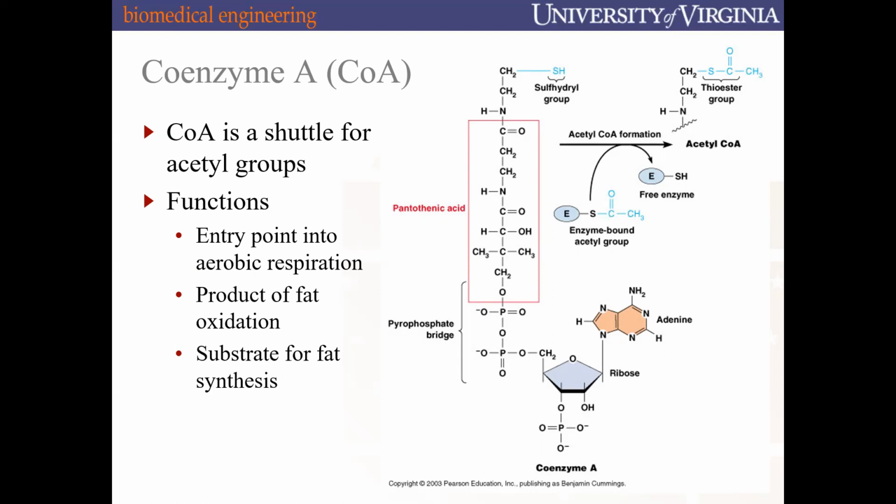But it's also the product of fat oxidation and the substrate for fat synthesis. So it's a precursor in forming a lot of the fats we'll talk about. This will play a role in a lot of the dieting strategies we'll talk about towards the end of the lecture.